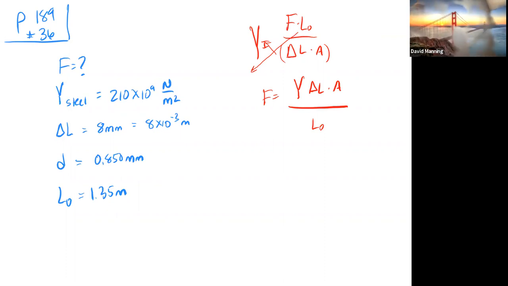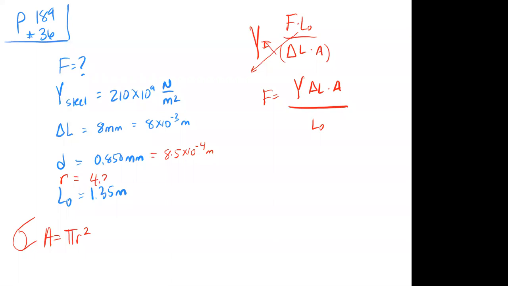We have to find A. Well, it's a wire, so that means it's a cylinder. So the cross-section of a cylinder, right, you're looking down the barrel of a gun, is a circle. So we use pi r squared. Well, the diameter is 0.850 millimeters, which is 8.5 times 10 to the minus fourth meters. So that means the radius is half of that, 4.25 times 10 to the minus fourth meters.